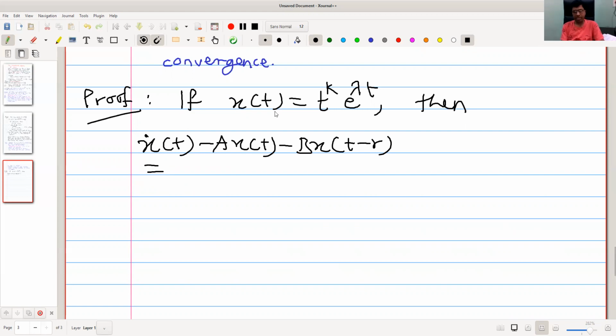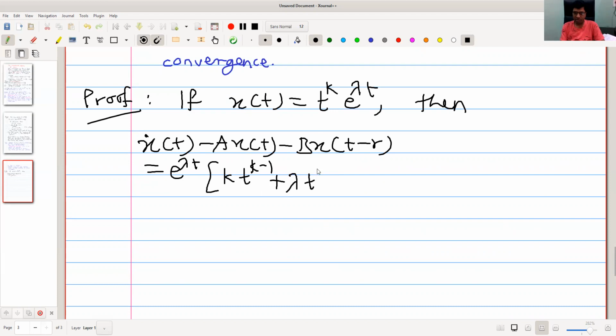Now what is x dot of t in this case? It is the derivative of t raised to k e raised to lambda t. So e raised to lambda t will be common, and we have the derivative of t raised to k, which is k t raised to k minus 1, plus t raised to k into the derivative of e raised to lambda t, which is lambda e raised to lambda t.